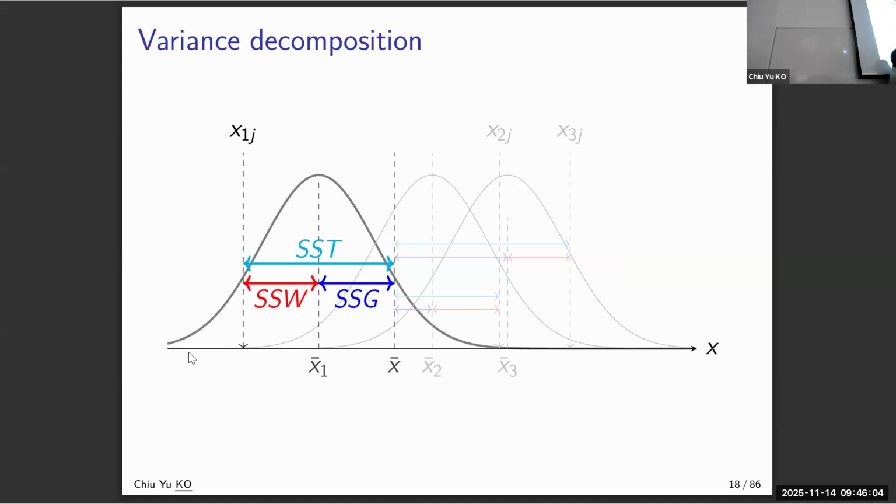This is in the middle of these two numbers. The light blue line represents how each number differs from the overall grand mean. And also you can calculate it as from each number to the center of the data, and you take a square.